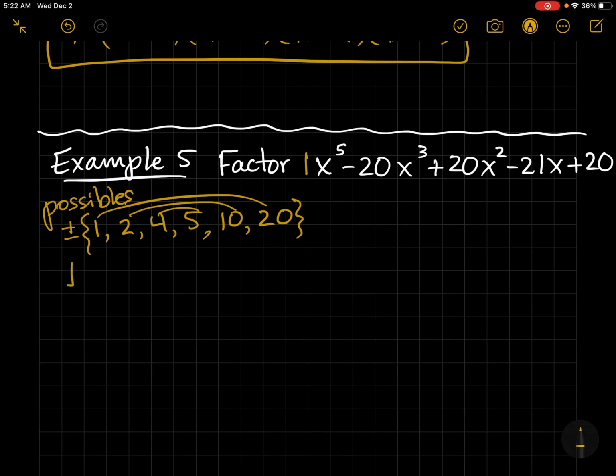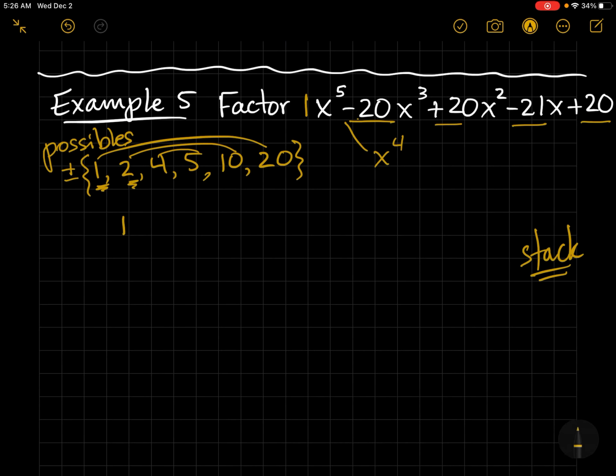Now I'm going to start. My coefficients should be 1, 0, -20, +20, -21, and 20.